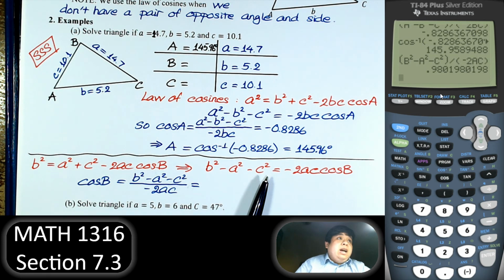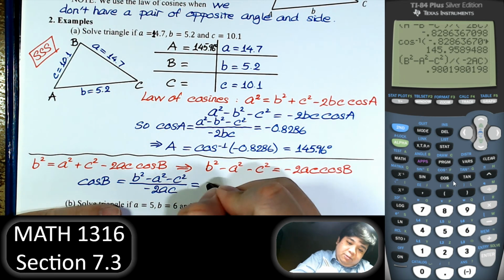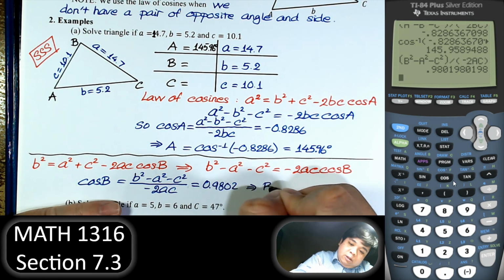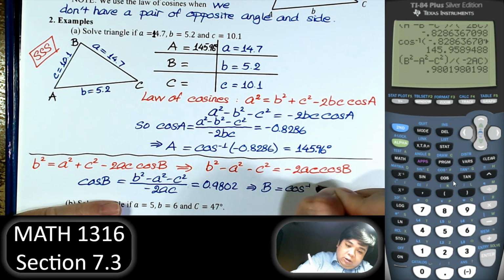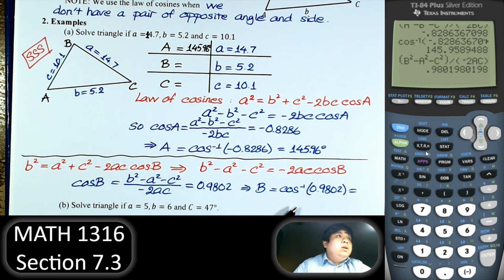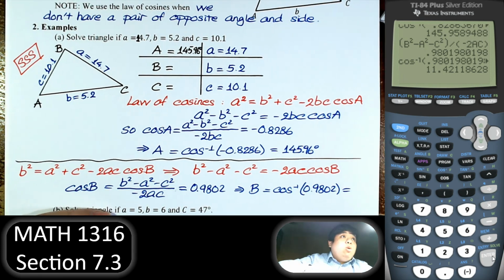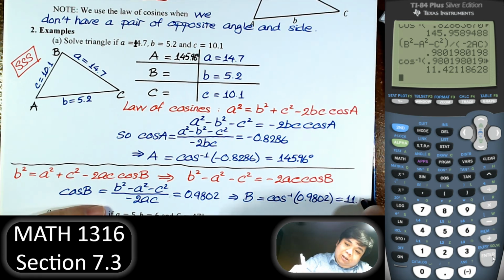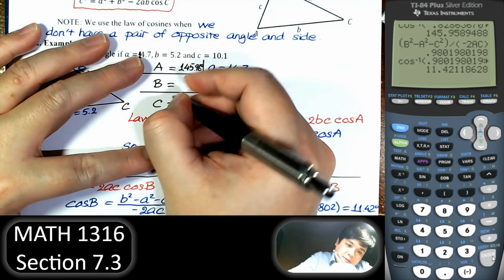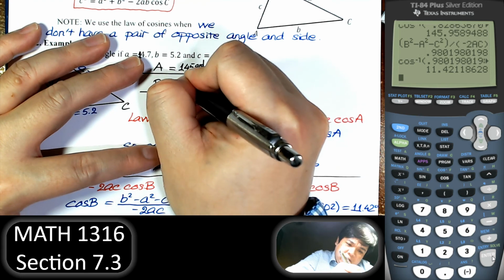We have that, and then the cosine inverse of that. We already have it in degree mode. So that's 11.42. This is B, right?